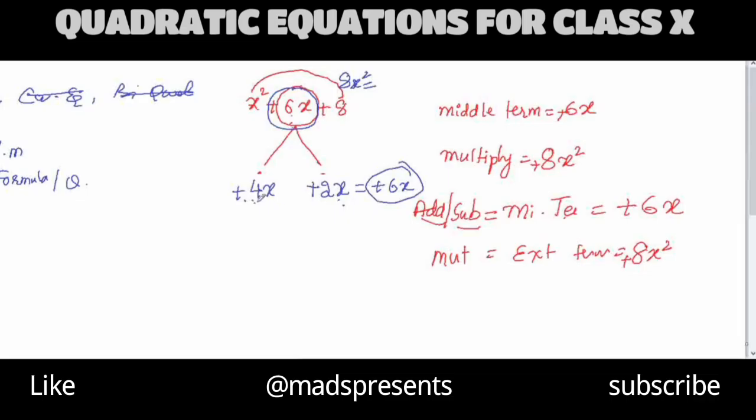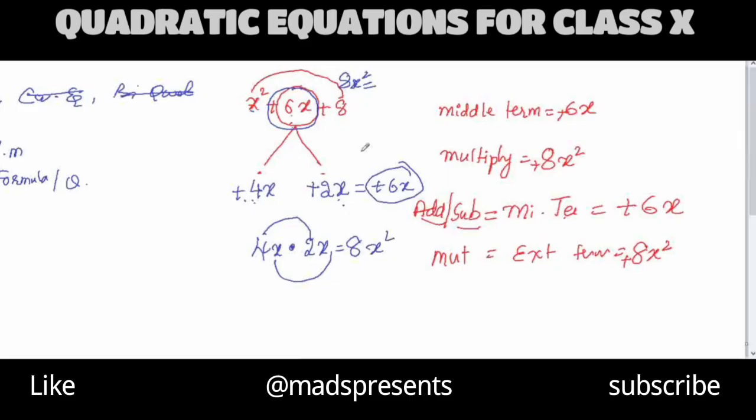Try to understand. The middle term can be split into any numbers. You can take any numbers to get the middle term, but be careful that the same numbers, if you multiply, should give your extreme term.